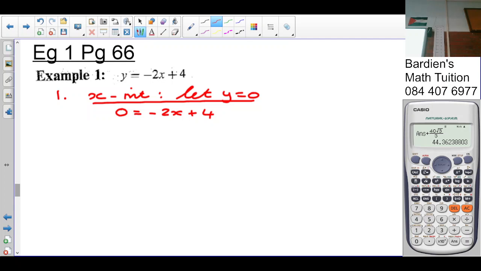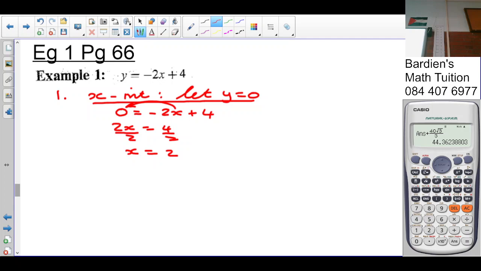Then you do the same for y. So what do we get? Take it over the equal sign, so 2x is equal to 4. Divided by 2, so x equal to 2. Right, you all agree with that?